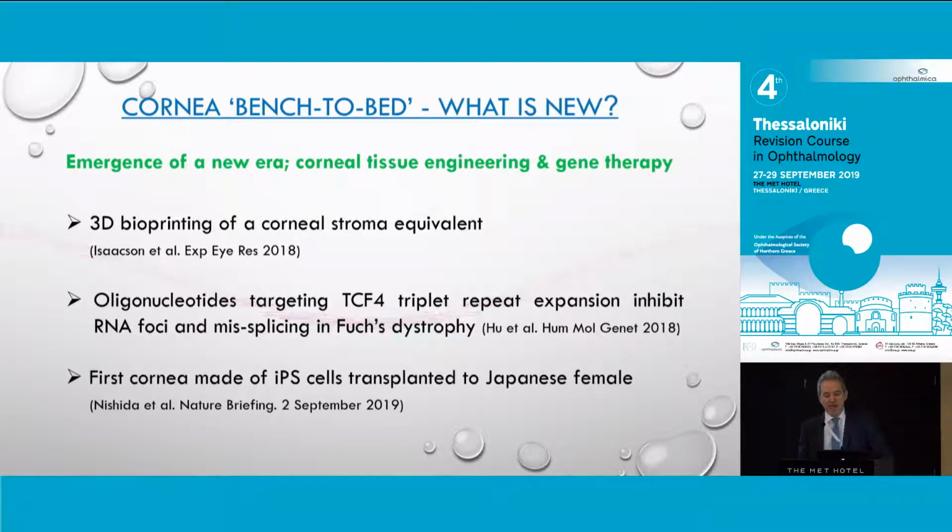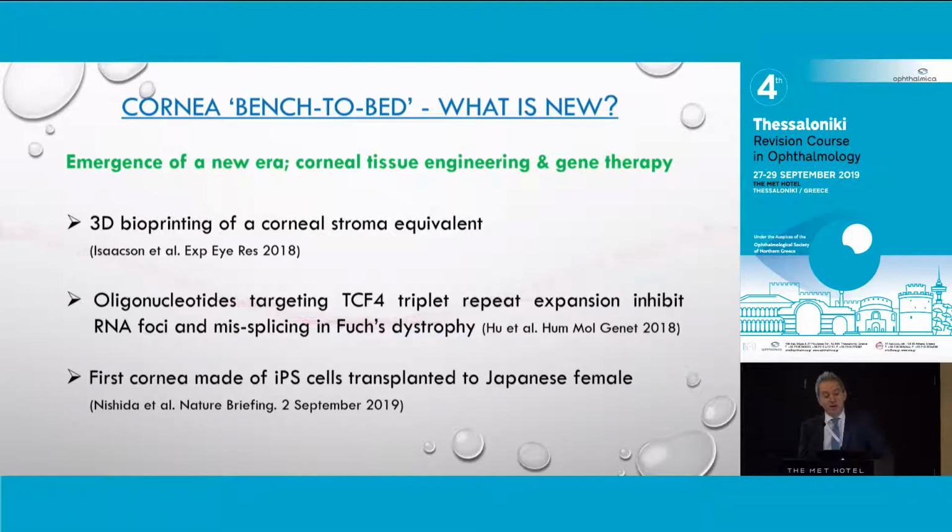Last year, the Newcastle research team bioprinted the first 3D corneal stroma equivalent by using a bioink composed of a mixture of collagens and cells, keratocyte cells and fibroblasts.